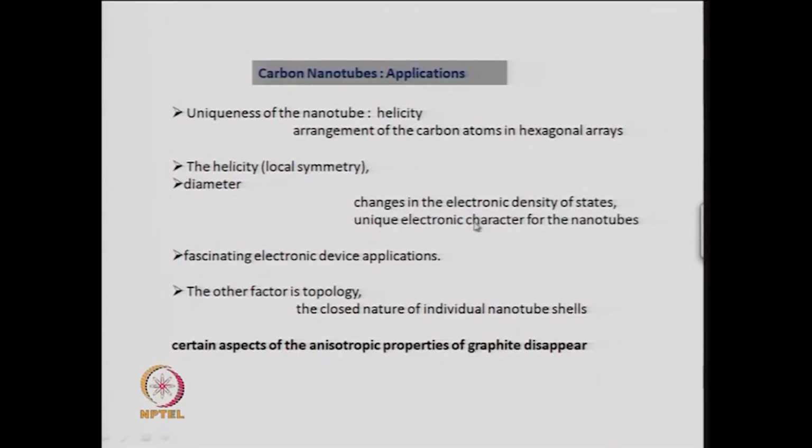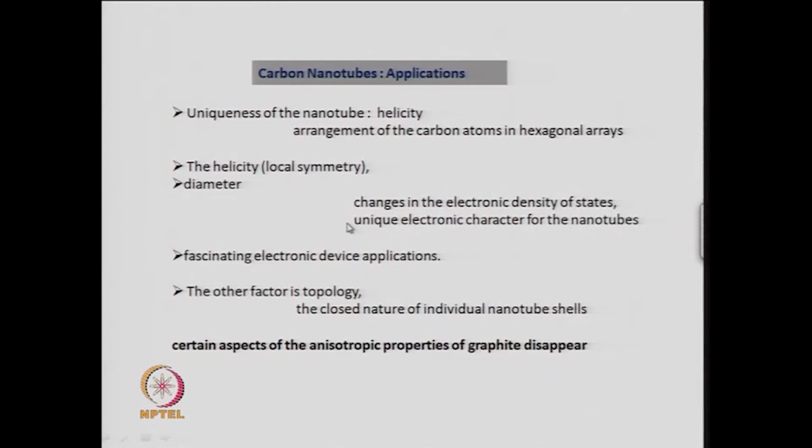The density of states means how many electrons you have per unit energy at different energy levels, with respect to energy, and these changes lead to fascinating electronic device applications.